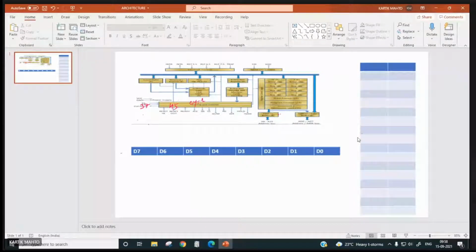Suppose at 2400H we have some byte, 4A, right? 4A.